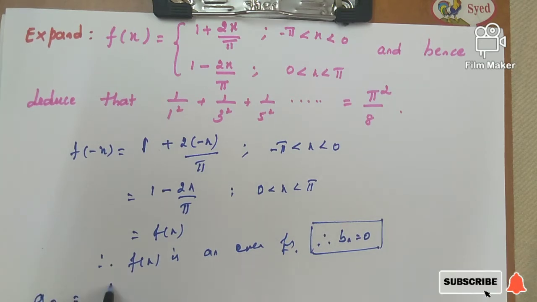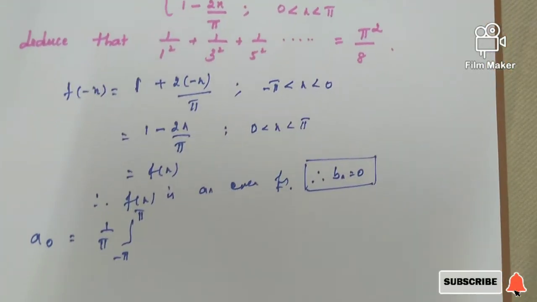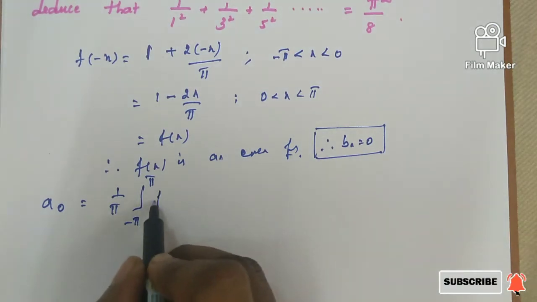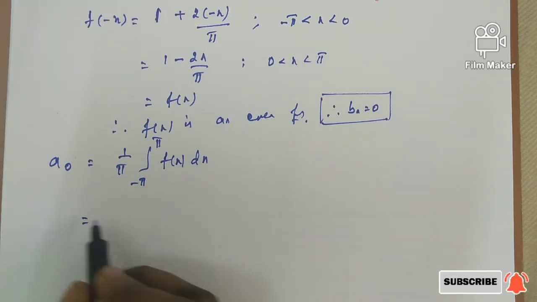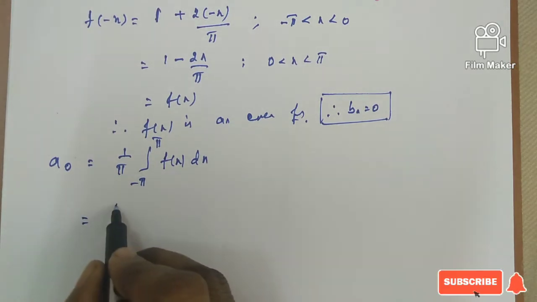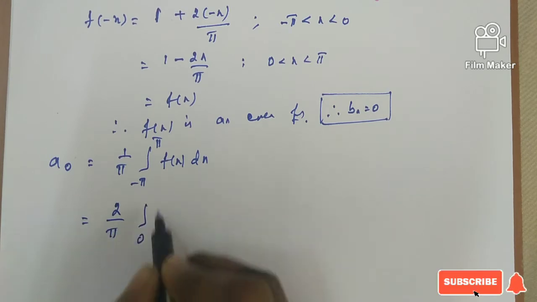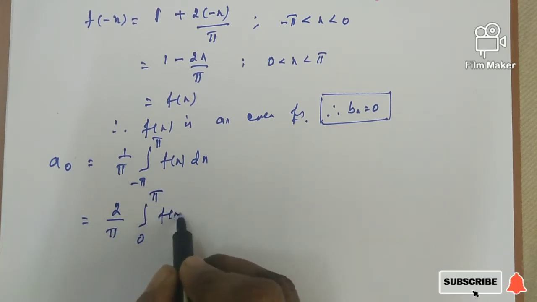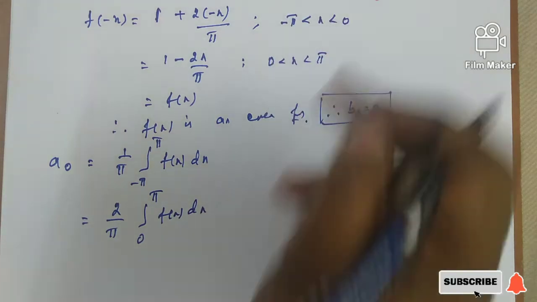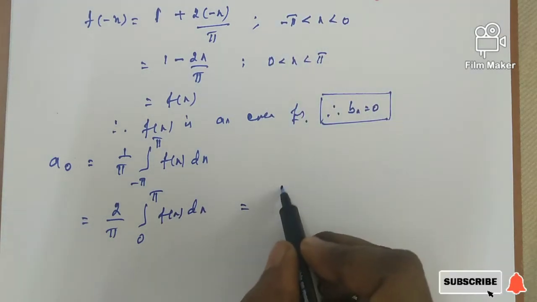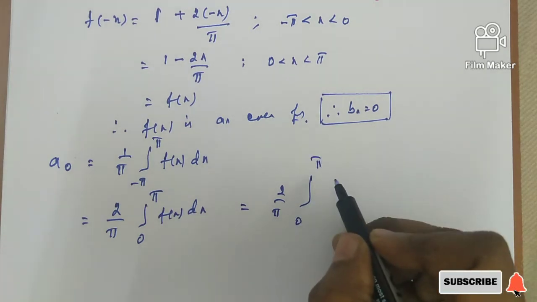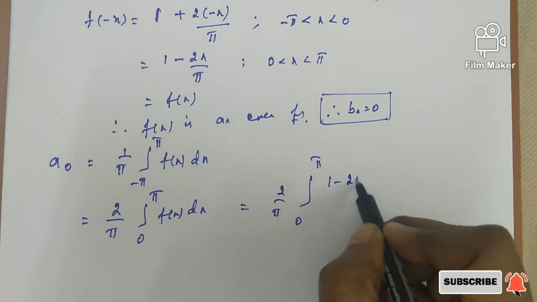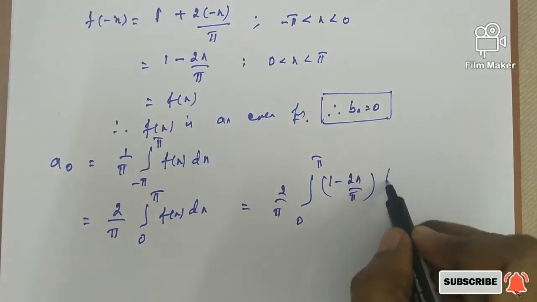a0 equal to 1 by pi integral minus pi to pi f of x dx. Now f of x is an even function, so this can be written as 2 by pi integral 0 to pi f of x dx. Our given f of x is 1 minus 2x by pi, so 2 by pi integral 0 to pi of 1 minus 2x by pi into dx.